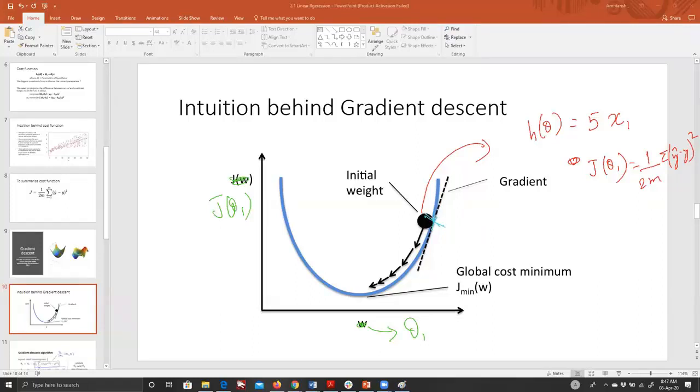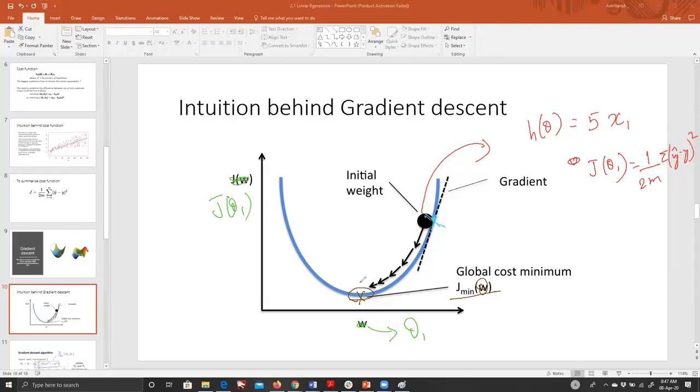Now where is the lowest point, guys? Can anyone point to me? This is the global cost minimum, at least for this equation. This is the minimum, J min of that w, or basically theta. Now from here to here, how would you reach?